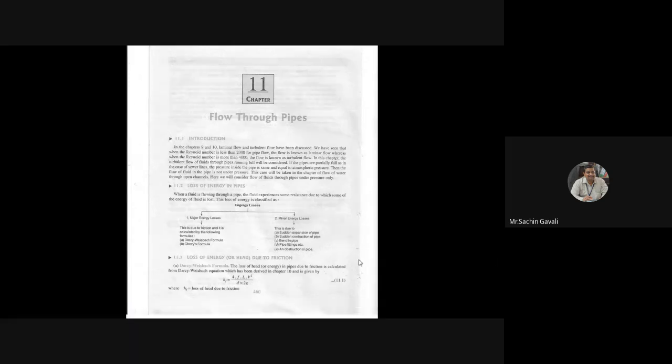So I think in the last lecture we discussed the formulas related to major energy losses and minor energy losses.